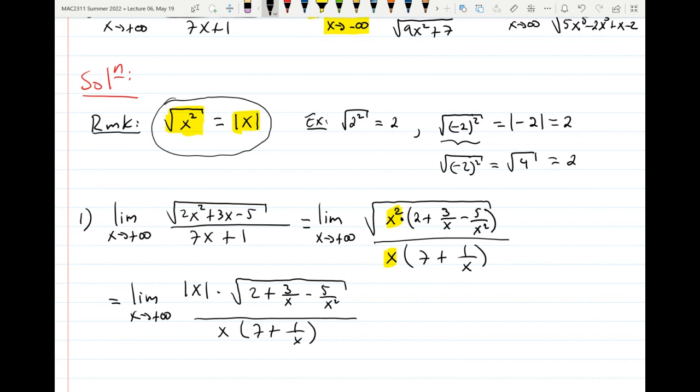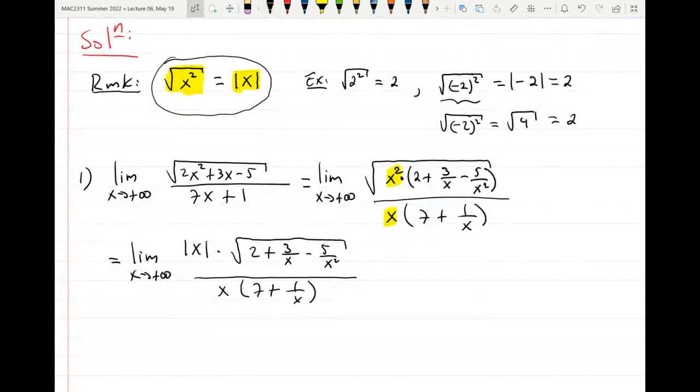A couple of steps are needed here. So now, before we take this limit, we need to make an observation on what's going on with this absolute value. Remember, we don't want to have that absolute value there, so we need to get rid of it, because once we are out of that absolute value, we can cancel the x in the bottom. The question is, do we need to put a minus on top or not?